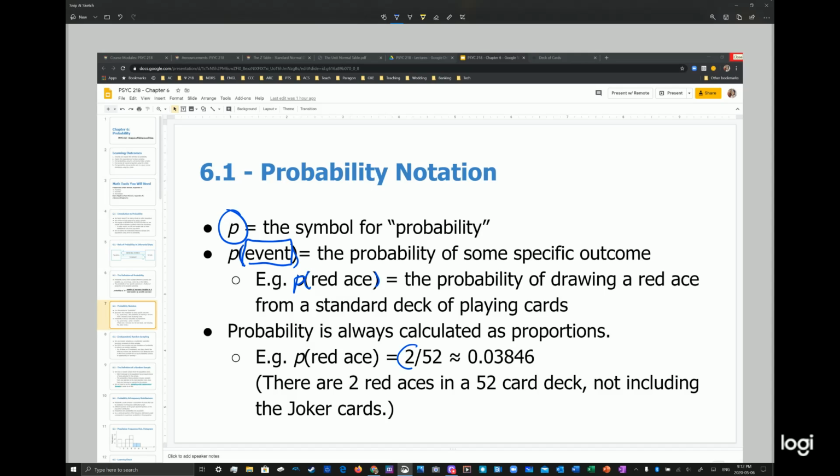So 2 for the specified outcome divided by the total number of outcomes, that's 2 over 52, which is 0.03846, or about 3.85%. Okay, so that's the probability of drawing a red ace in a deck of 52 cards.